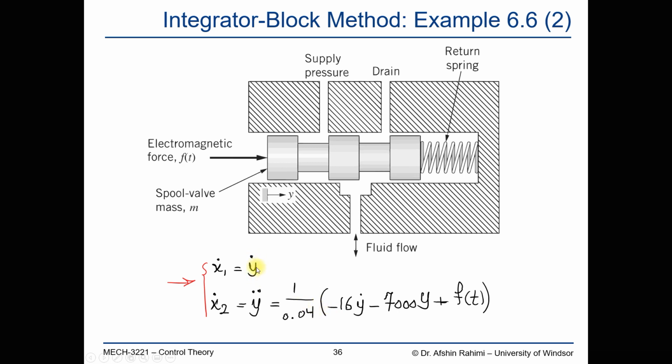So the y dot is just an integral of y double dot, but y double dot has the y dot and y and the input in it. So we have to create in Simulink this term in such a way that we are able to input it to our integrator block and then integrate to be able to obtain our final result.